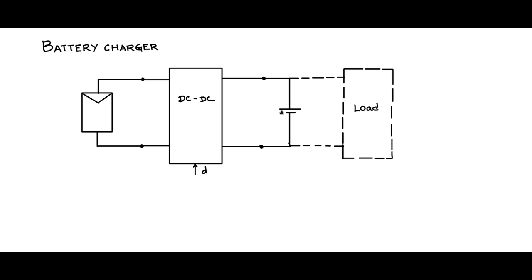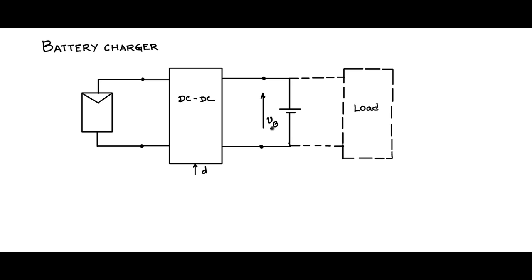Now, how do we charge the battery? The terminal voltage is VB and this voltage is defined. Then what would be the charge current? Let us say we want to put the peak power from the panel into the battery. Let PM be the peak power.